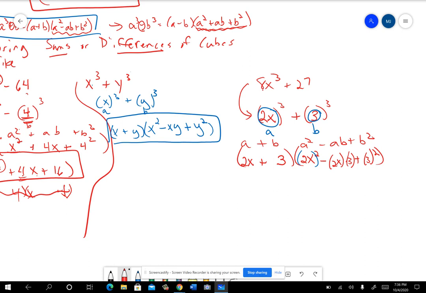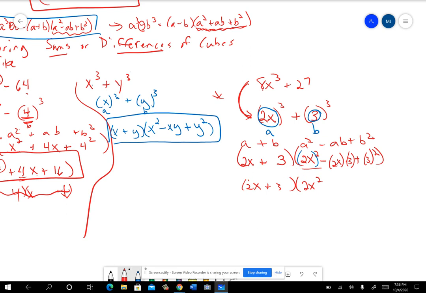So this is one hard part right here. The other hard part is this right there. Okay. So you think about how that first term needs to turn out to be an 8x to the third. If you mistakenly just put 2x squared there, that 2x would get multiplied by the 2x when you go about distributing, and it would only give you a 4. You need to get an 8.